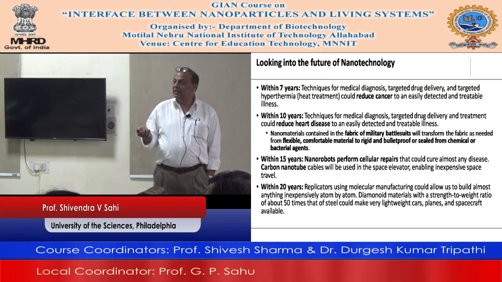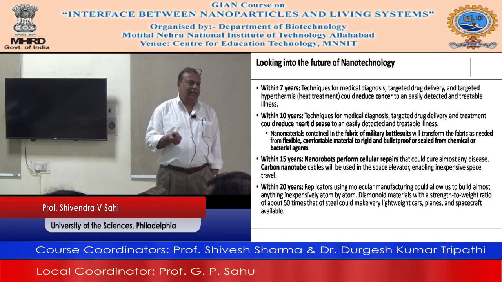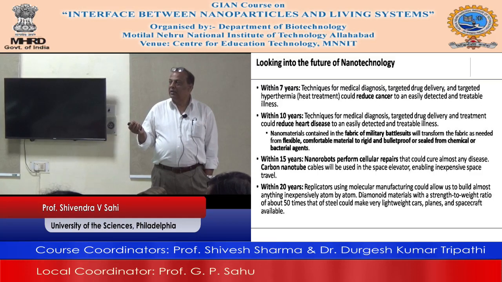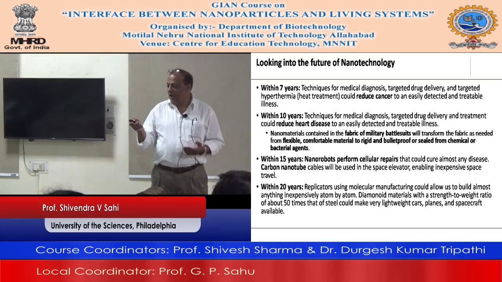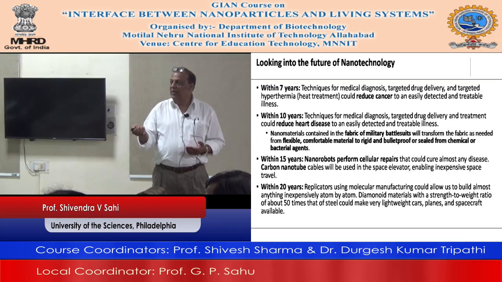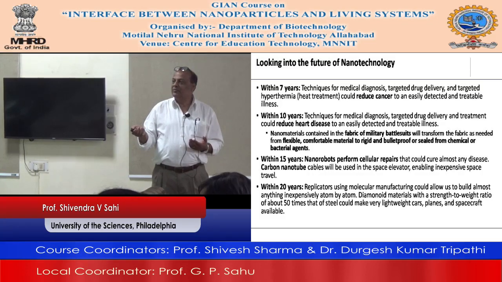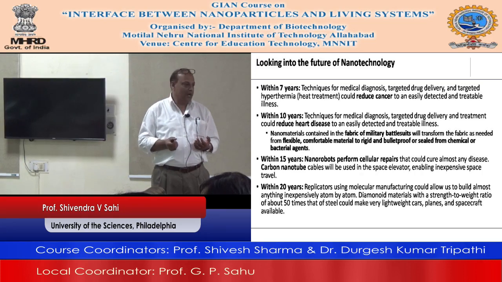Within the next 20 years, replicators using molecular manufacturing could allow us to build almost anything inexpensively, atom by atom. We are talking about the strength-to-weight ratio of materials developed by nanotechnology, about 50 times that of steel, which could make a very lightweight car.